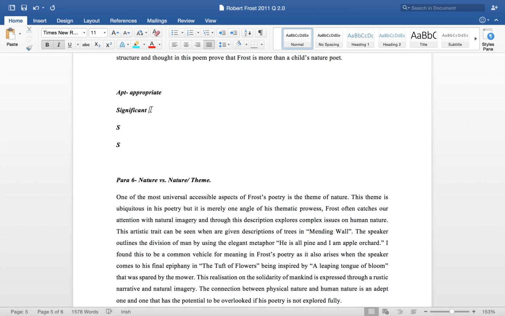Now you may say that these are very similar, but appropriate and significant are a little bit different. Appropriate is that it fits our point being made, and significant means it needs to be powerful. It needs to be a big quote, not necessarily a long quote, but a powerful quote. There needs to be some sort of weight behind it.